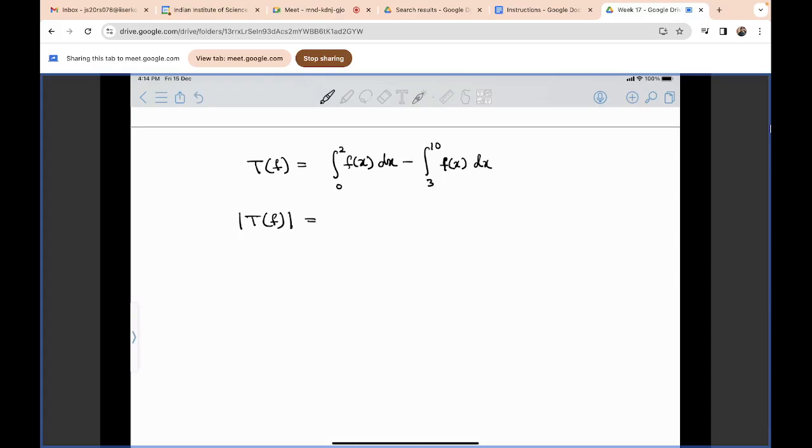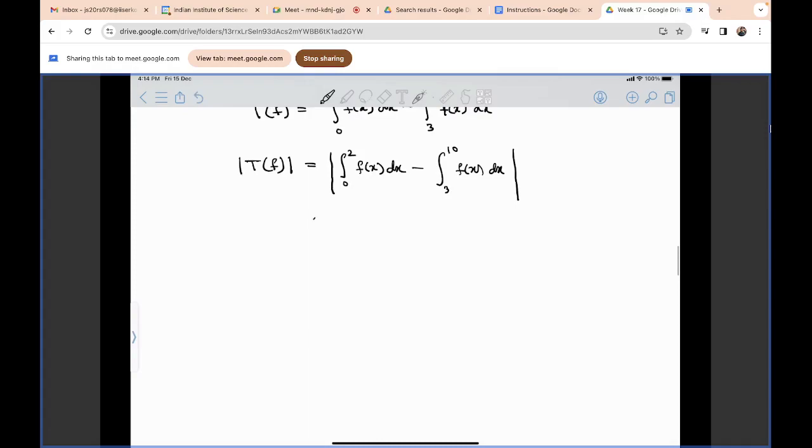So take the mod, then by the triangle inequality what have we got? Taking the mod first, the integral from 0 to 2 of f(x) dx minus the integral from 3 to 10 of f(x) dx is less than or equal to the integral from 0 to 2 of mod f(x) dx plus the integral from 3 to 10 of mod f(x) dx.